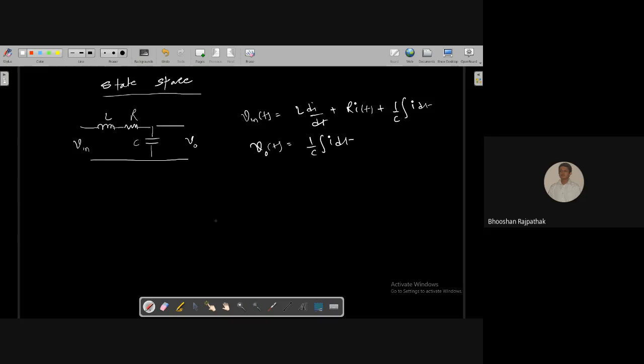Now, transfer function: we get VO by V in of S, which is our transfer function. To obtain this TF, the first step is to convert the circuit equations by taking Laplace.